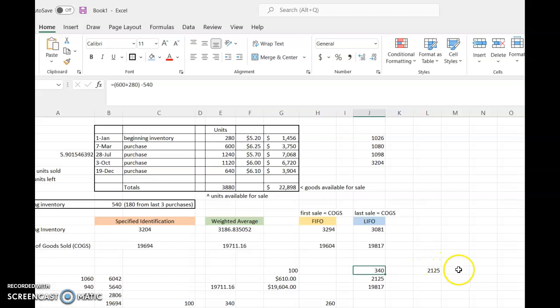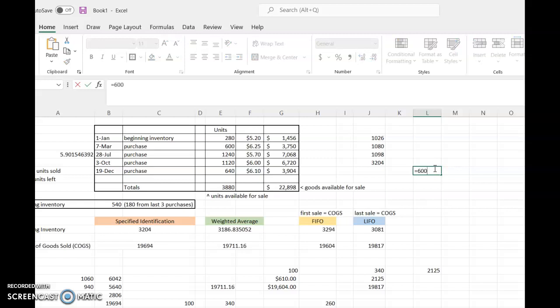We're going to take the 600 units from this first purchase and subtract that 340 from it.